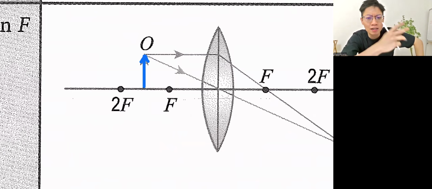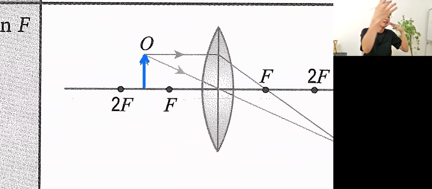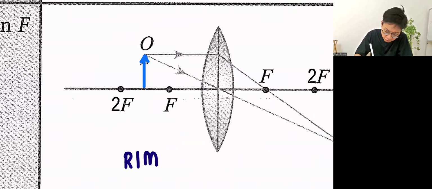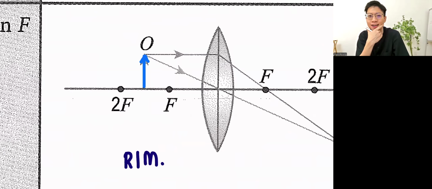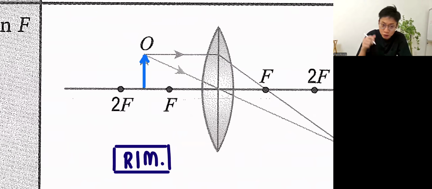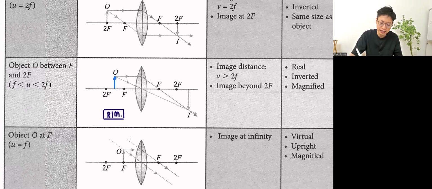Will my image be bigger, smaller, real, magnified, inverted, diminished, same size, upright? Based on what you have written just now, it is actually real, inverted, magnified. Correct or not, guys? Correct. So you found it to be real, inverted, magnified. Check. Is it correct? Yes.